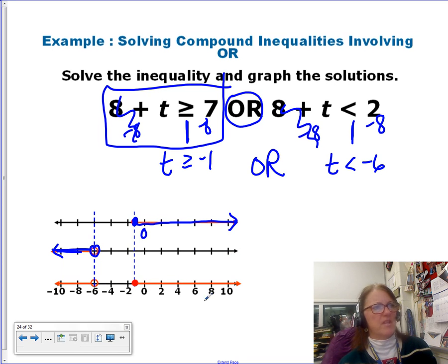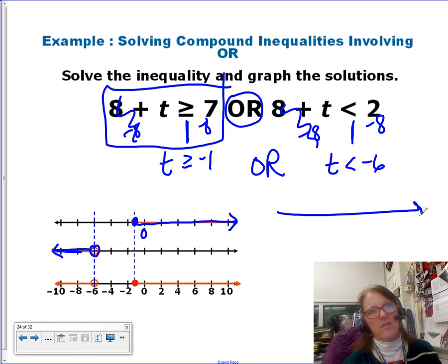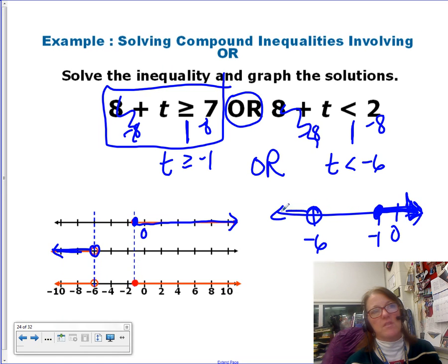So here's what happens when you combine these together, okay? Here's 0, here's -1, here's -6. Put them on the same number line. Greater than or equal to -1 looks like this. Less than or equal to -6 looks like this. You basically have two tails going in opposite directions.